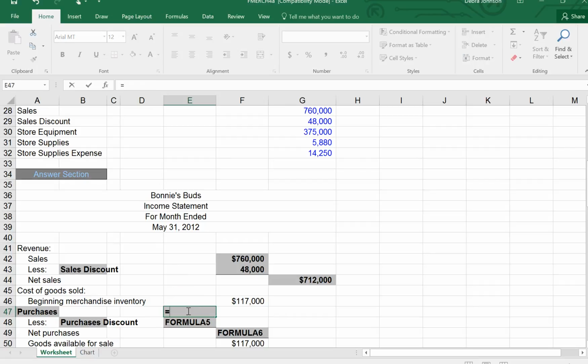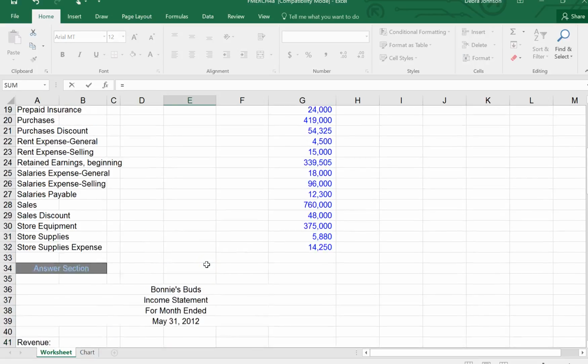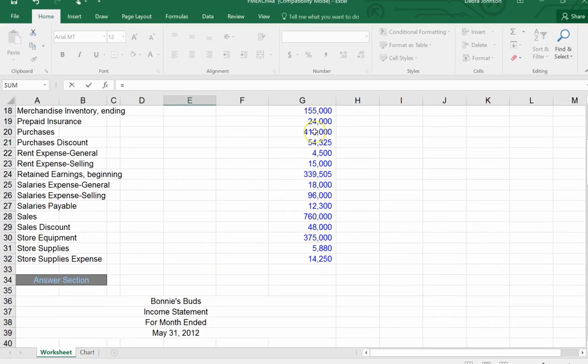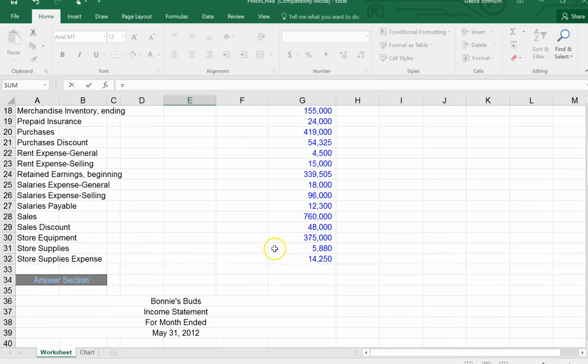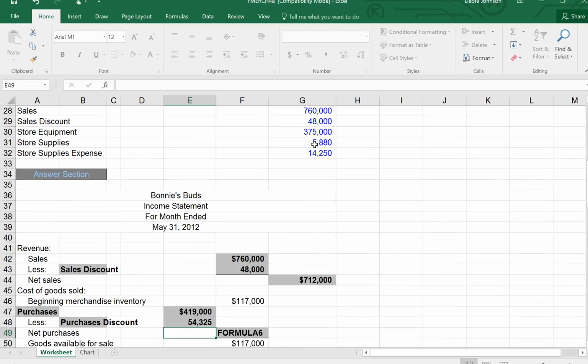I'm going to go grab the purchases dollar value up there in cell G20. And the purchases discount, I'm going to go grab in cell G21. By the way, if you don't like scrolling up and down, consider setting up a split screen. You learned how to do that in the lessons.